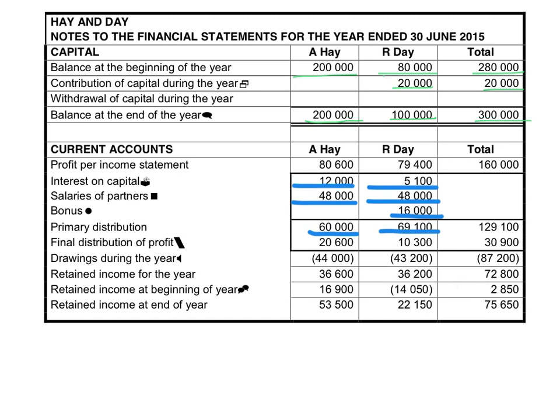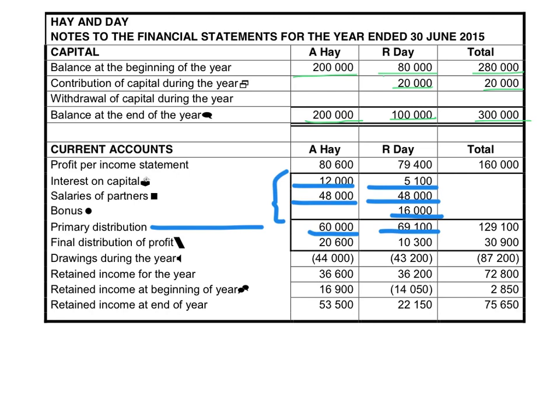So all the money that they have to receive according to the partnership agreement is interest, salaries, and bonus. And that will be my primary distribution. So even if there's no profit in the business for a specific year, they are still entitled to the conditions of the partnership agreement and they have to get the interest, salaries, and bonus.